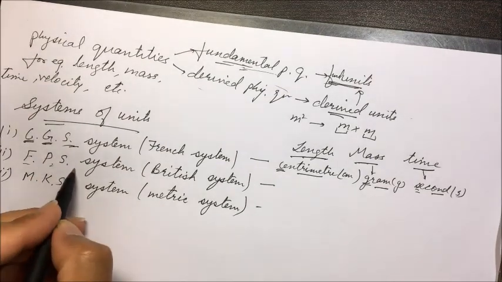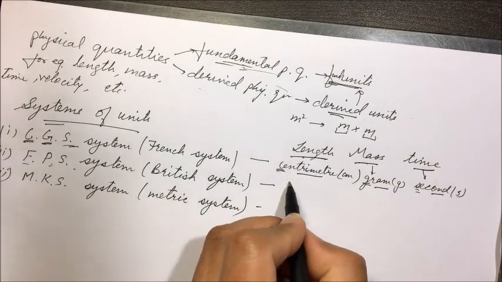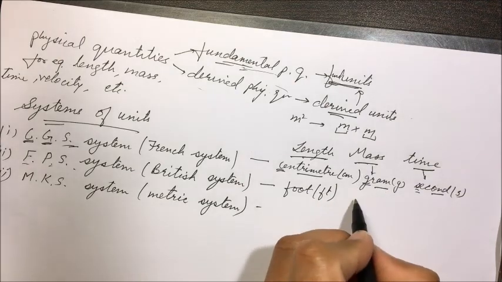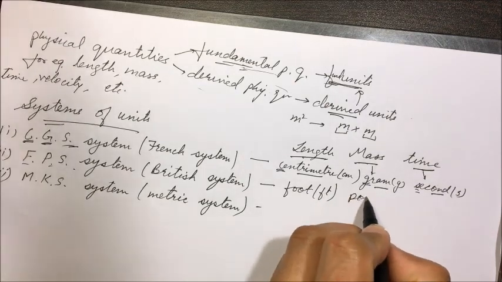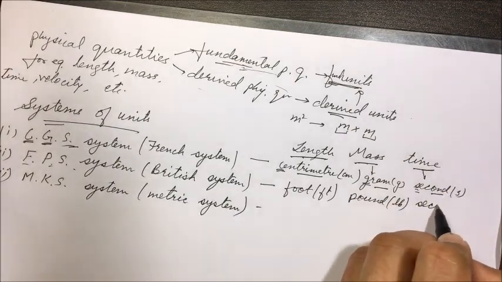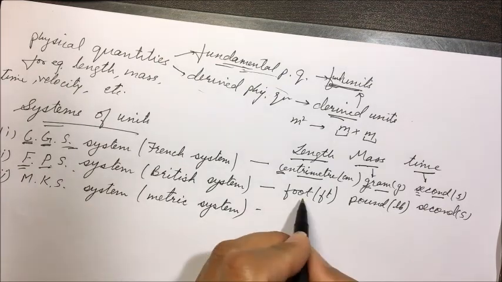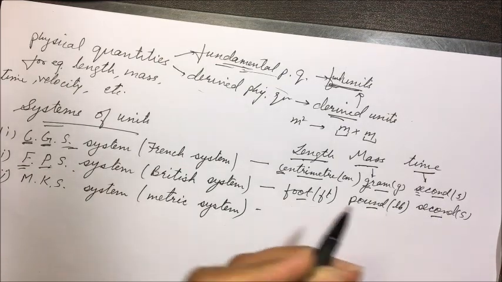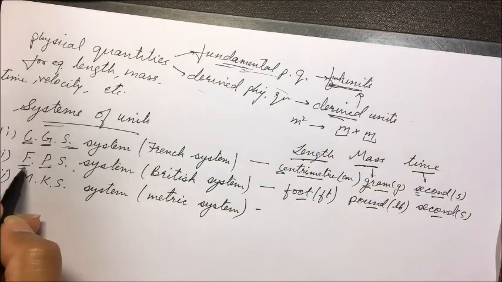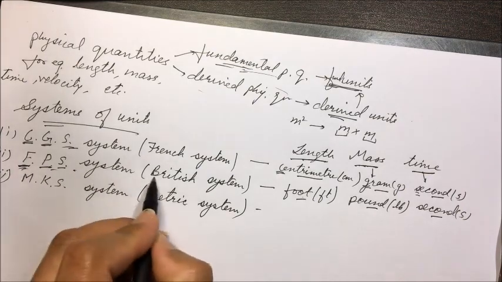Second is the FPS system. For length, the unit defined was foot. For mass, the unit defined was pound. And for time, it was second. So in the FPS system, foot, pound, and second were used to measure length, mass, and time respectively. We called it the FPS system or the British system.